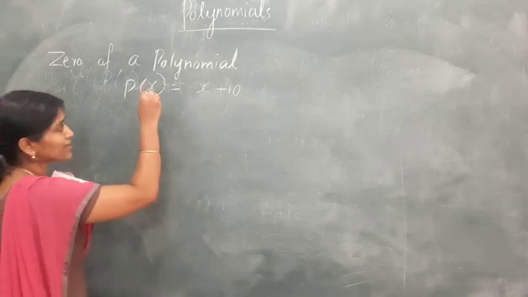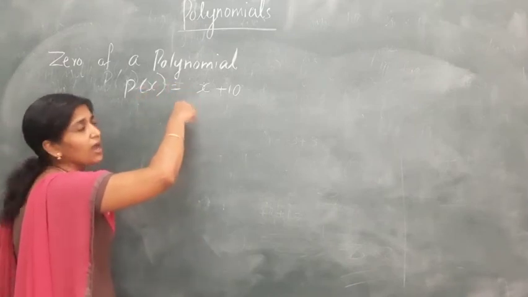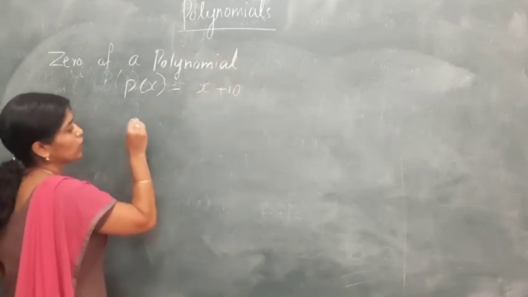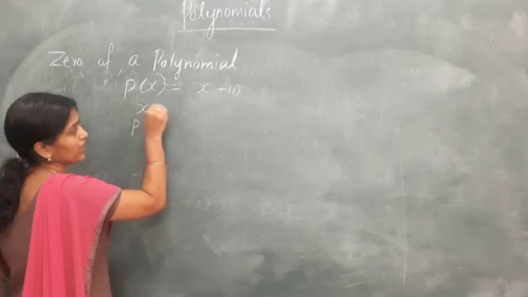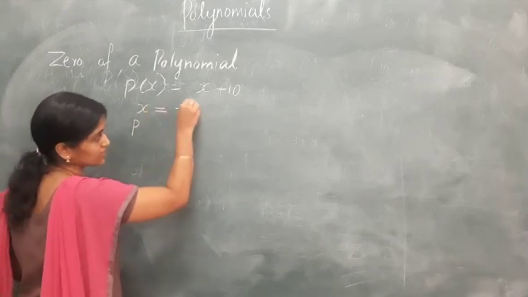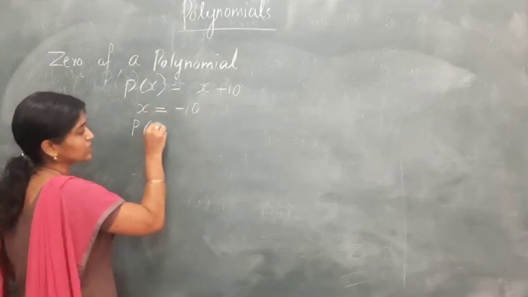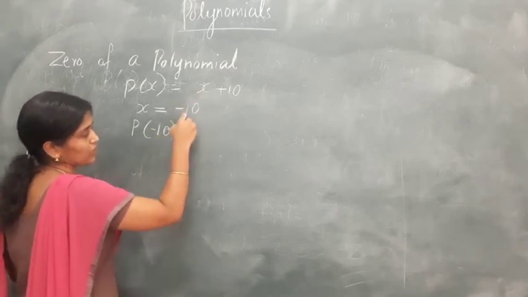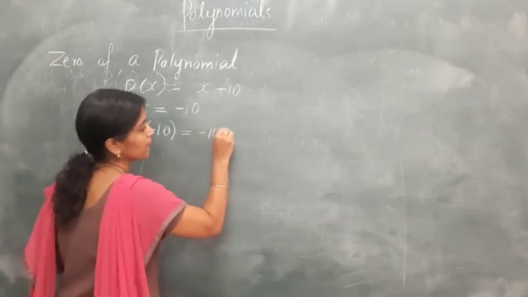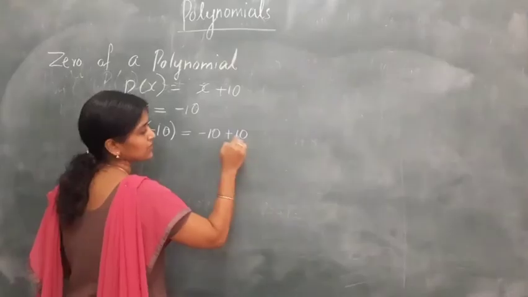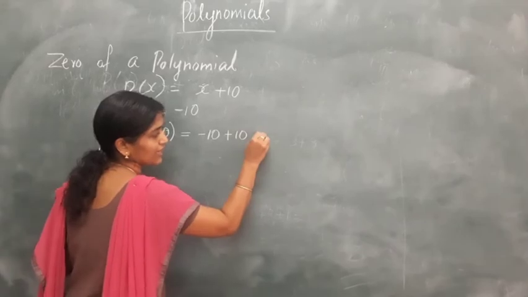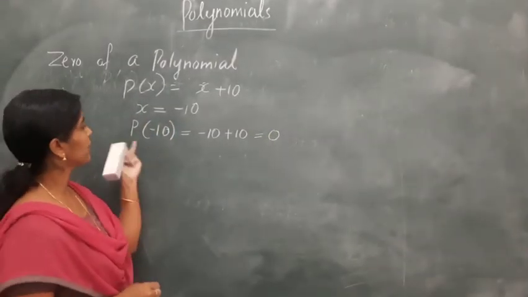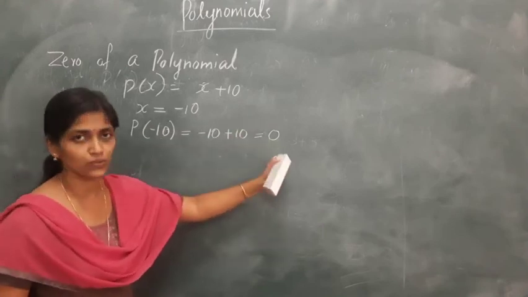But when I give a particular value, I am getting the polynomial value as 0. If I take the value of x as minus 10, I get p of minus 10, which means minus 10 plus 10. We know the same numbers with opposite signs added give the answer 0. So here you got p of minus 10 is equal to 0.